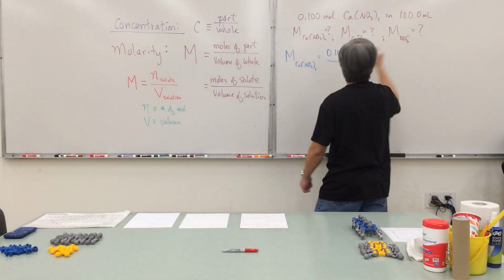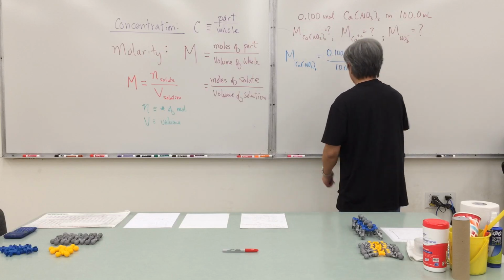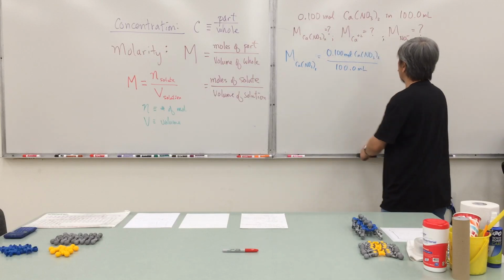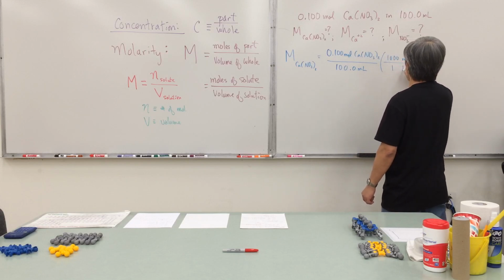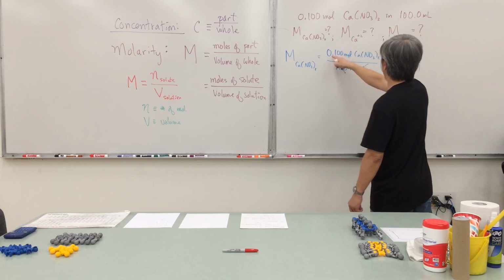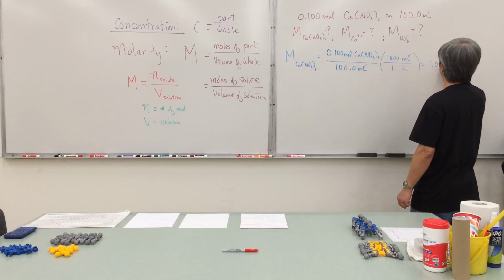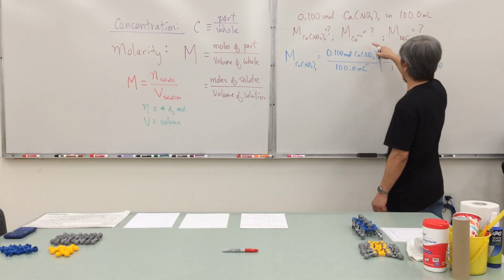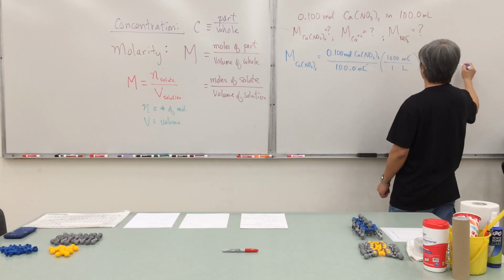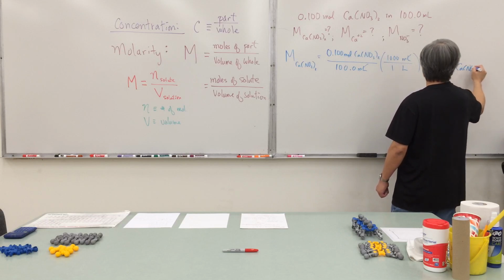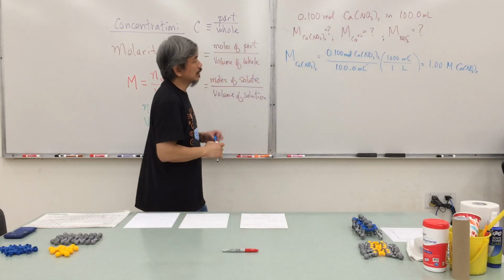The volume is 100.0 milliliters, but I don't have the right unit, so I need to convert from milliliters to liters. So 0.1 times 1,000 divided by 100. You end up with a very nice number, 1.00, in moles per liter. So I can put the capital M over there for Ca(NO3)2. I have a 1 molar solution of calcium nitrate.